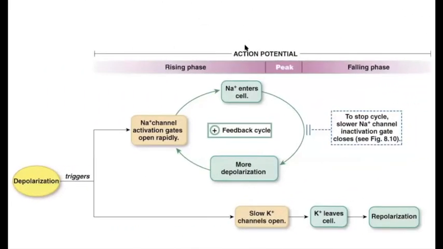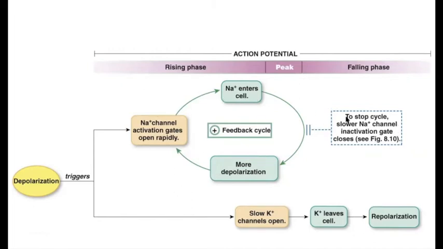Again, this is a different way of looking at it. And this whole feedback cycle: depolarization, looking at the sodium part of it, is going to trigger the sodium channels to open very rapidly. Sodium enters the cell. There's more depolarization, more sodium channels open up. They keep on opening up.